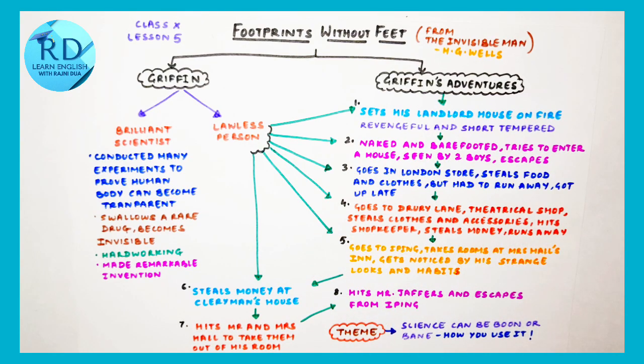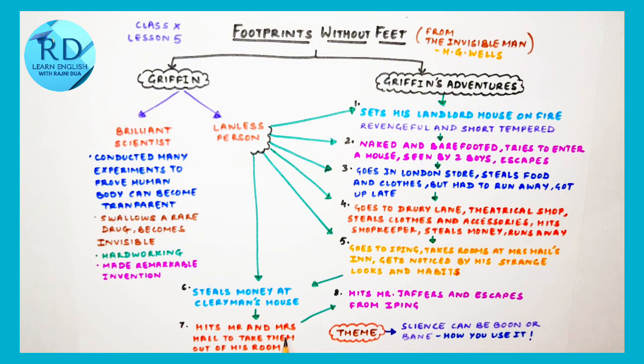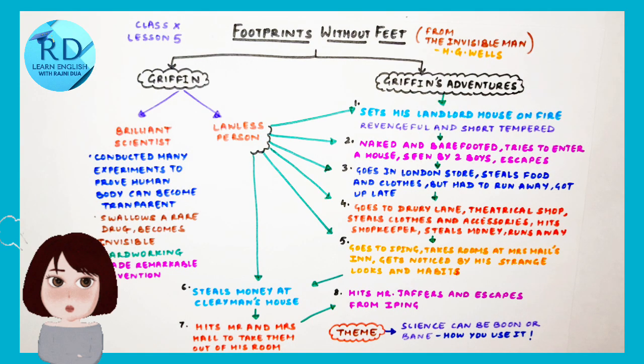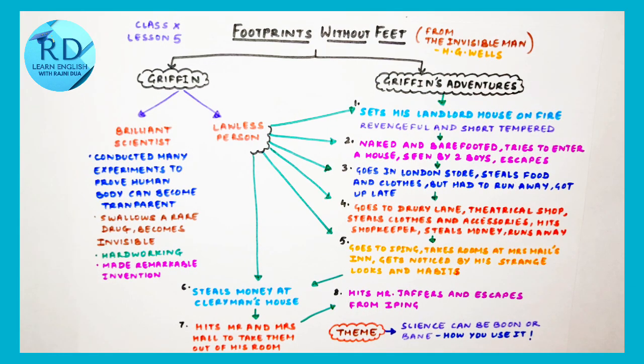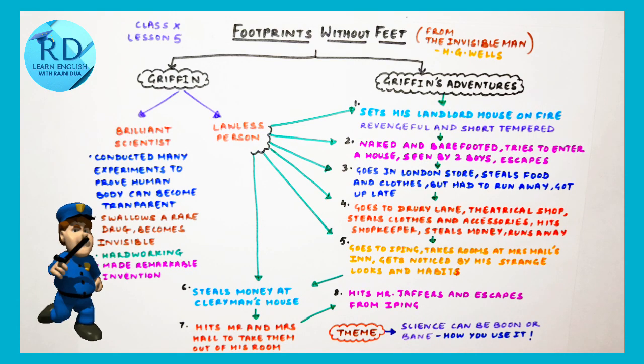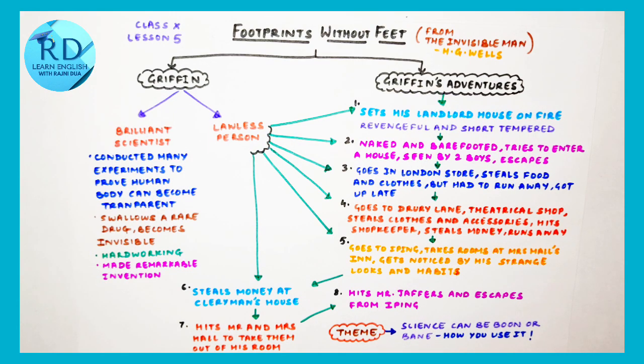It was actually not these things moving, but Griffin moving them and trying to throw Mr. and Mrs. Hall out of the room. Mrs. Hall was upset as the chair of her own mother came against her. She started crying. She was hysterical. She called Mr. Jeffers because she thought this scientist had done some kind of witchcraft.